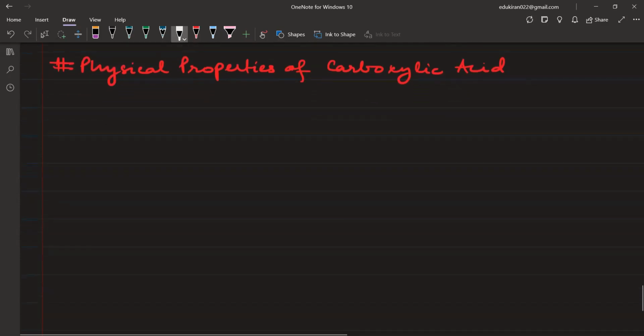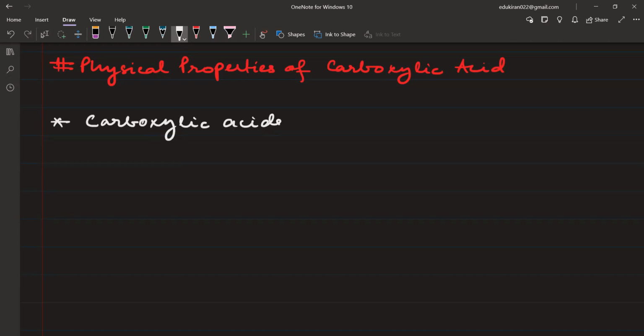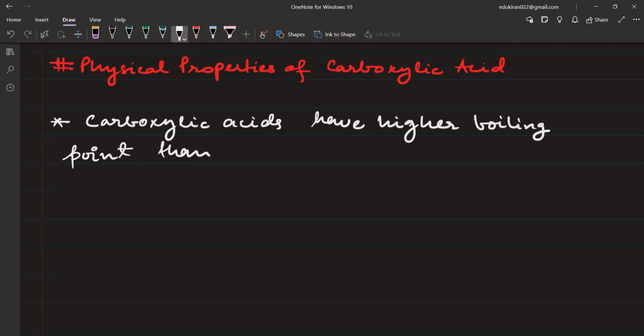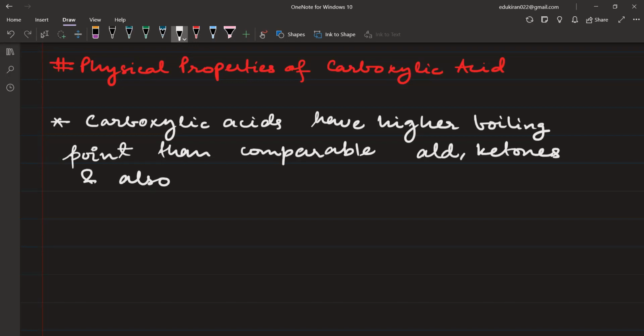Now, in this you will write first of all, regarding the boiling point: carboxylic acids have higher boiling points than comparable aldehydes, ketones, and also alcohols.